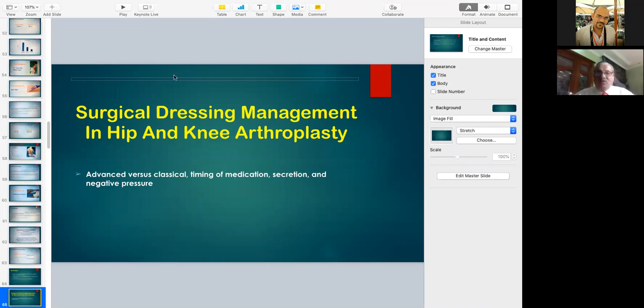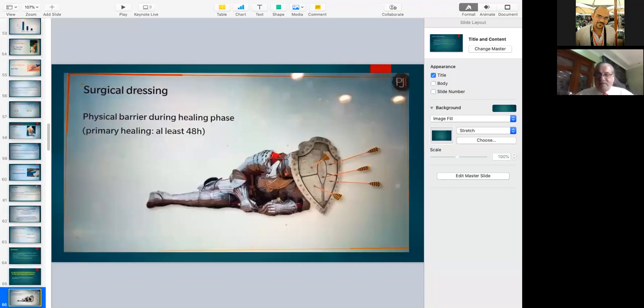Now we're going toward the second part of our lecture, which is surgical dressing management in hip and knee arthroplasty. This is also our daily practice for surgeons working in this subject.